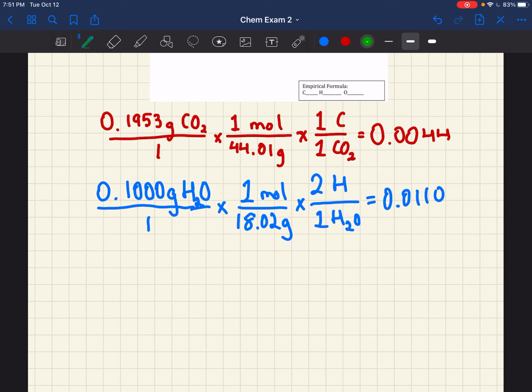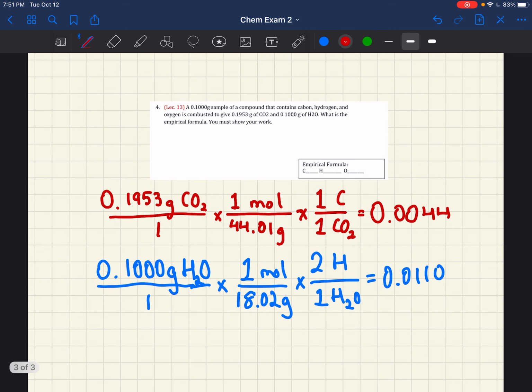So now to find the oxygen, which I'll do in green, what we can do is, first you need to find the masses of each of these things. So what you'll do is find the mass of carbon, find the mass of hydrogen, and then subtract that from this number right here, because that is the mass of carbon, hydrogen, oxygen. If you subtract the carbon and the hydrogen, what are you left with? You're left with the mass of oxygen. So first, let's try to find this mass.